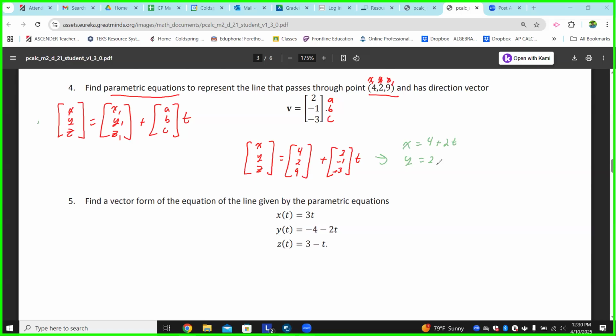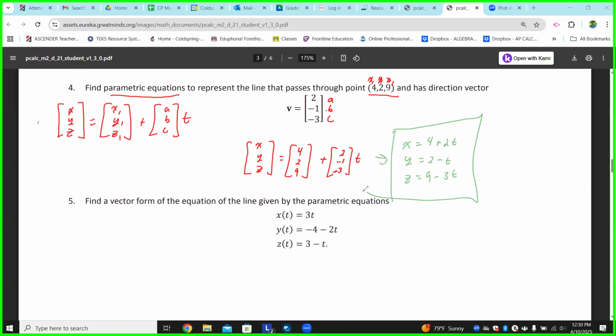How can I simplify it even more? 2 minus t. Right? If you wrote it as plus -1t, you're not incorrect. Just know on the test, it's going to simplify it down to minus t. What would the z1 be? Good, I like it. You already changed it to a minus rather than saying plus -3. Again, you're not incorrect by saying plus negative. It's just not how it's going to be presented to you on the test. Questions on how to write parametric equations. You basically just form 3 equations in respect to time for the change of x, y, and z.